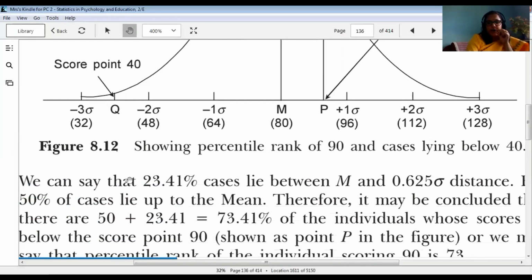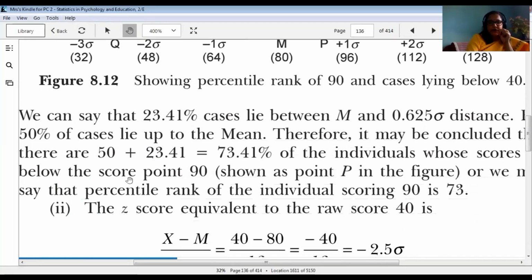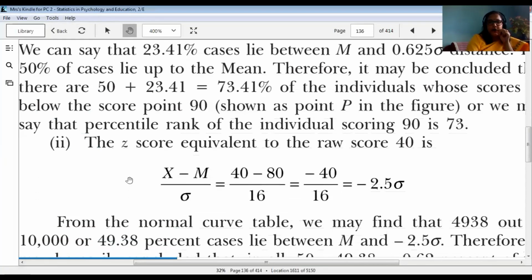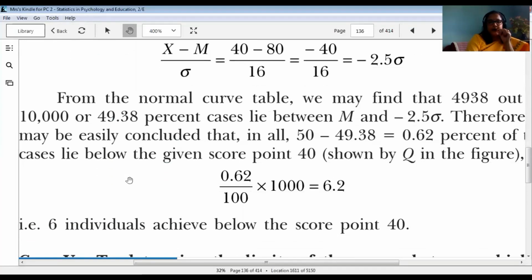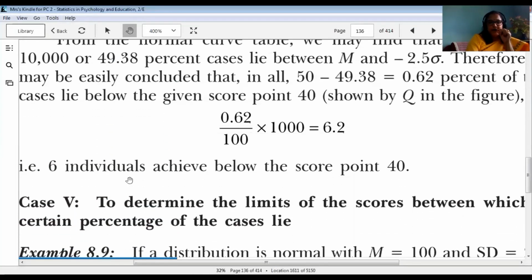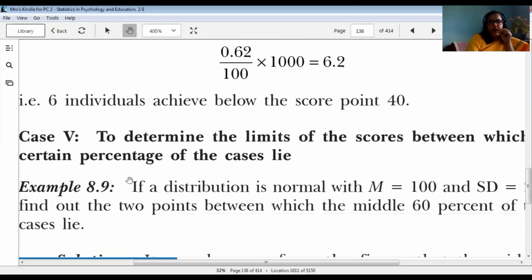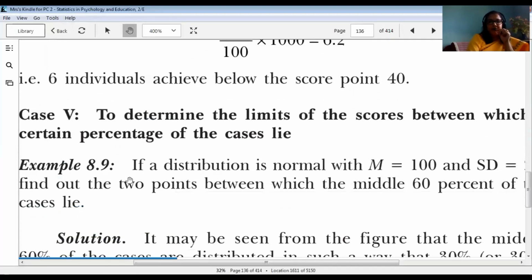So I am coming to the next application of the normal probability curve, which is number 5. According to application number 5, the normal probability curve is used to determine the limits of the scores.